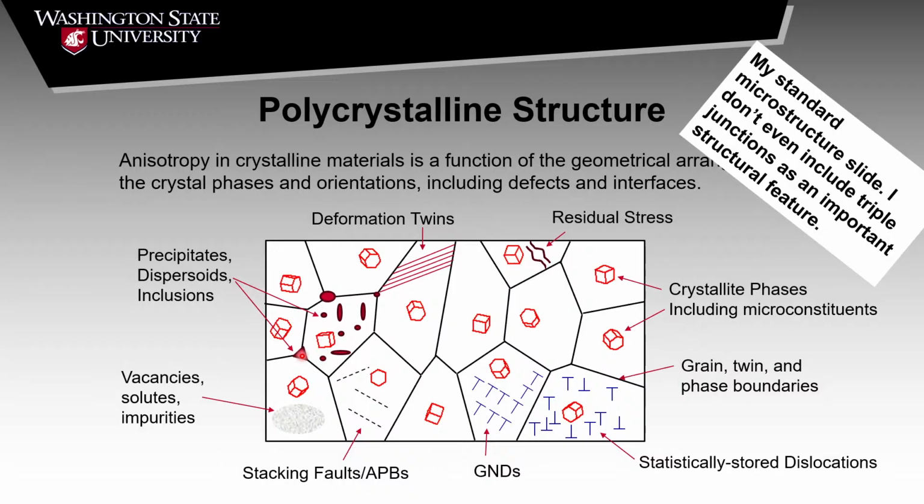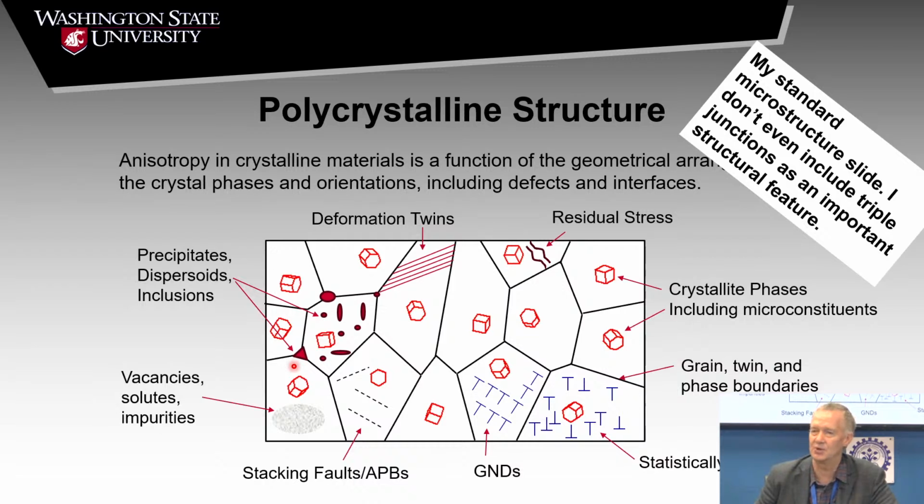I would do that because triple junctions have the highest diffusivity of any of the other features, compared to grain boundaries or dislocations. Highest diffusivity, so it's a natural place for something like that to occur. But in general, I don't even mention triple junctions when I talk about microstructure, typically.